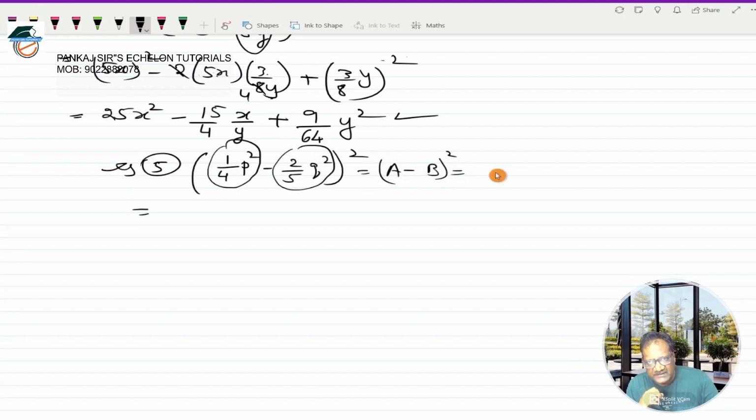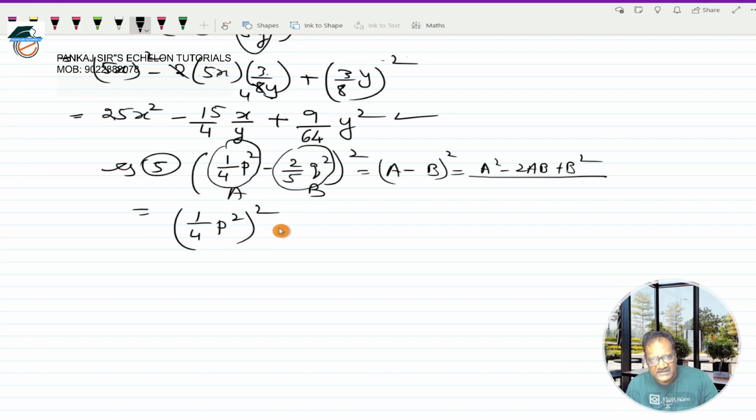So it works out to a square minus 2ab plus b square, right? So all you have to do is, in this you have to substitute the proper value. So a square means, this is a, this is b, isn't it? So a square means 1/4 p square the whole square.